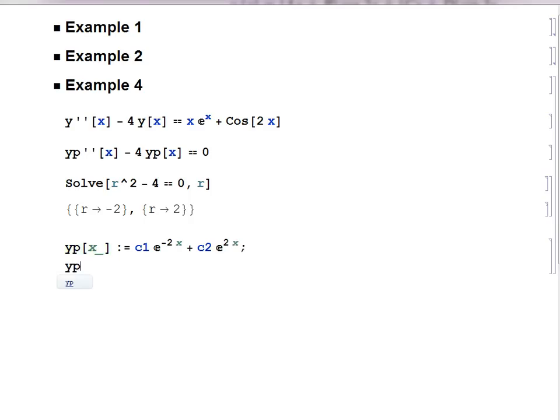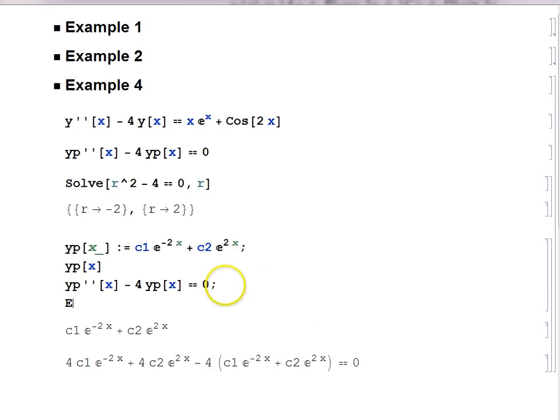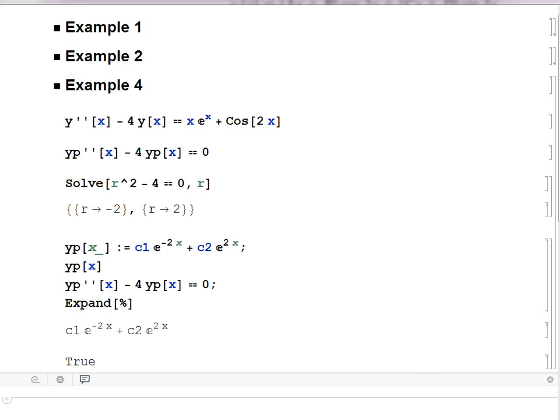We'll look at what that looks like, and then we'll stick it into this equation just to check that it's true. See what that looks like. Well, maybe if we expand that equation out, we can get the all clear. Excellent. All right, so we have the complementary solution, the solution to the homogeneous version where this is all 0.